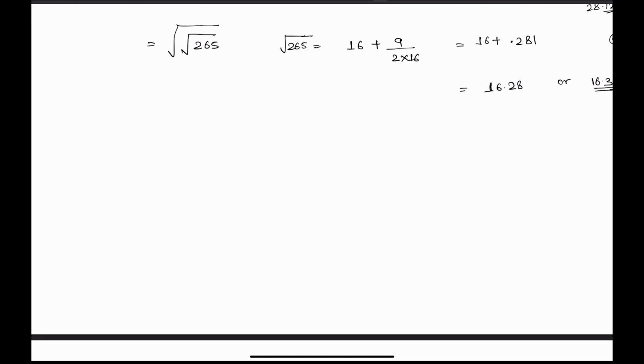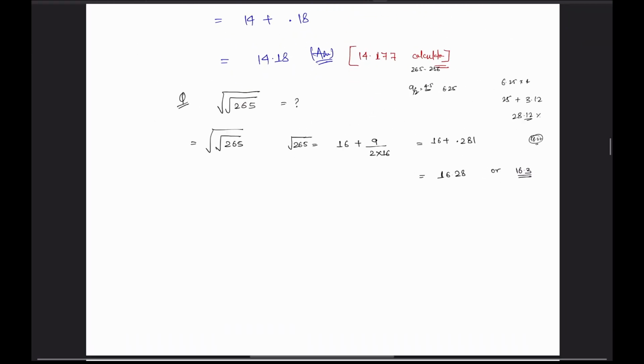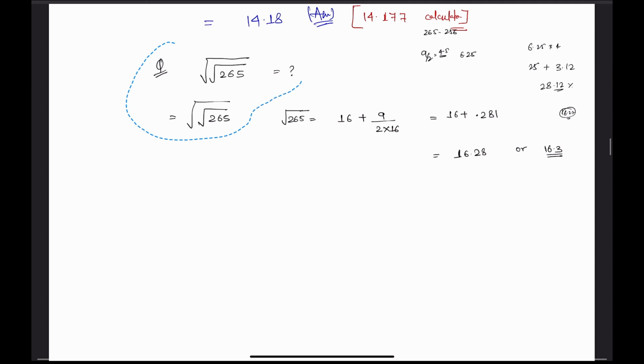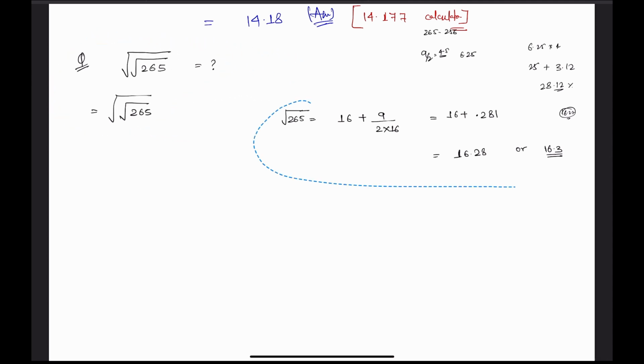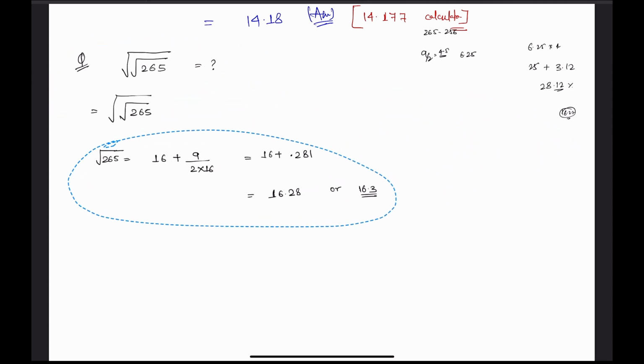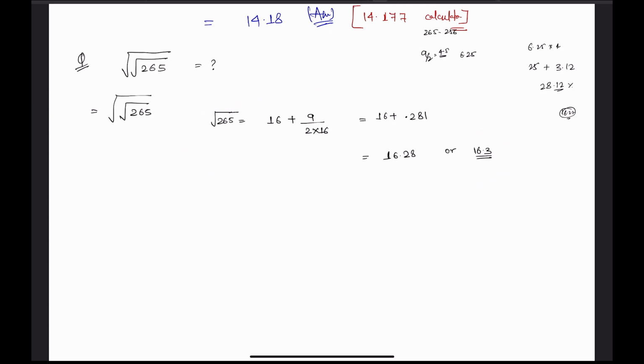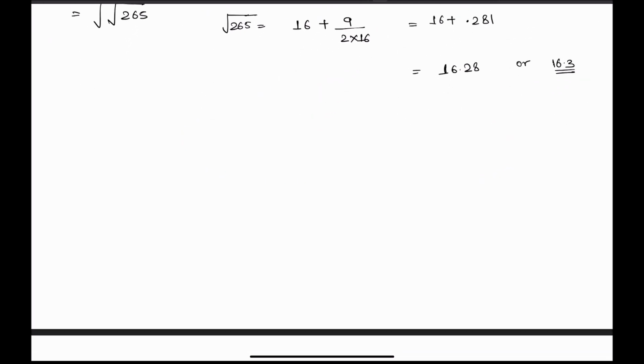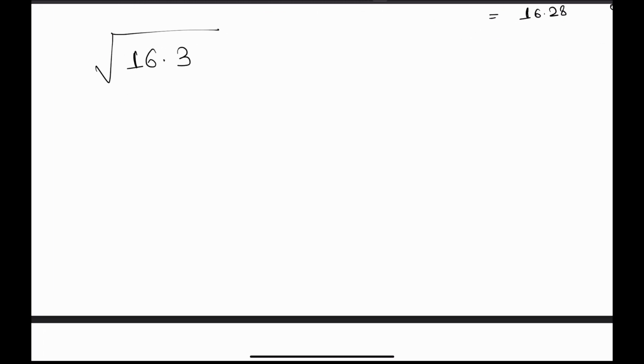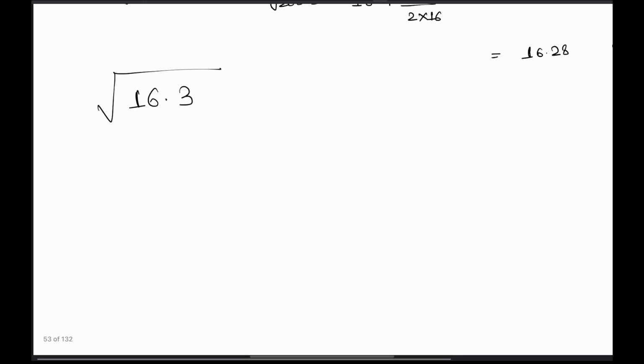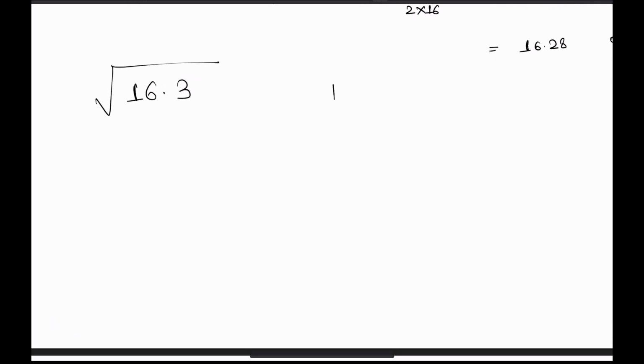Now as there are 2 square roots, again we will take the square root of 16.3. If you want to solve it, fine, you can. If not, it is somewhat equal to 4.1 with the help of approximation.